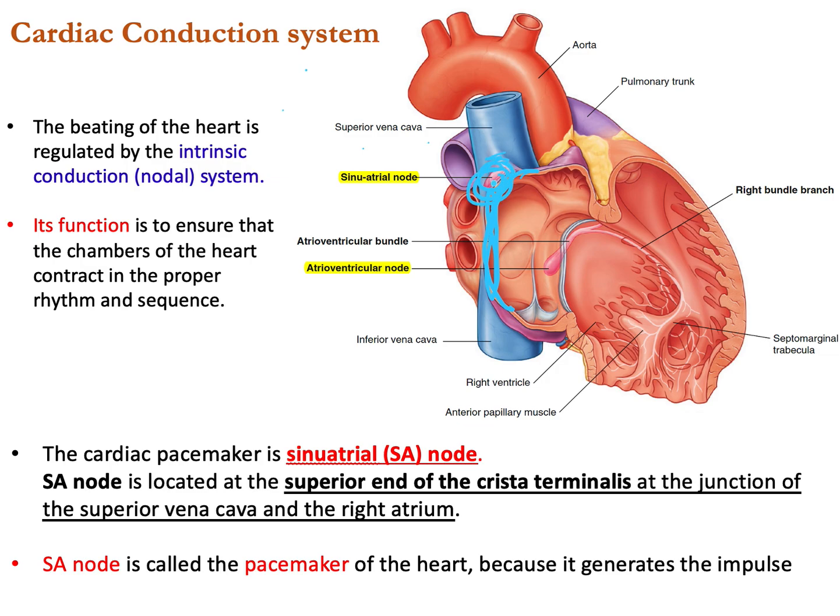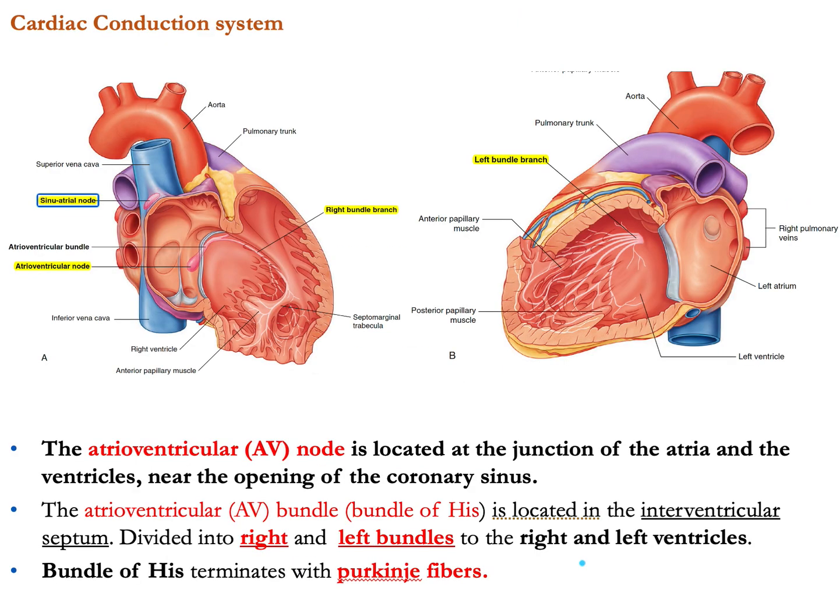At this junction is located the sinoatrial node, the pacemaker that generates impulses. The impulses from the SA node will distribute to both atria, so the atria will contract.